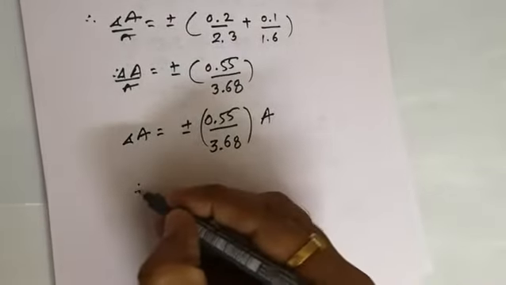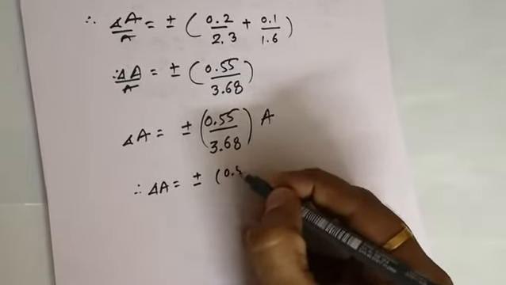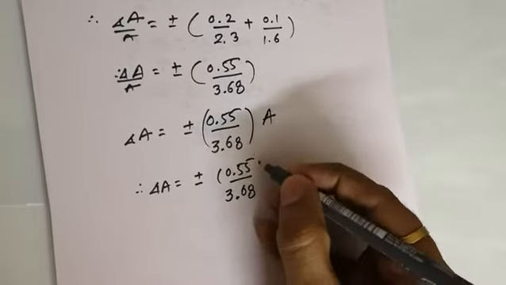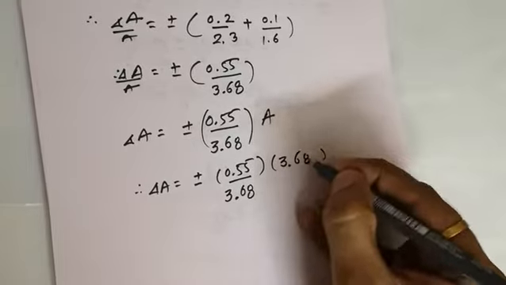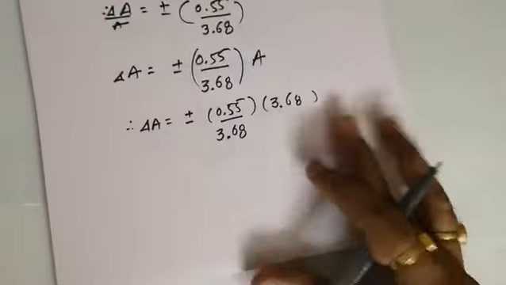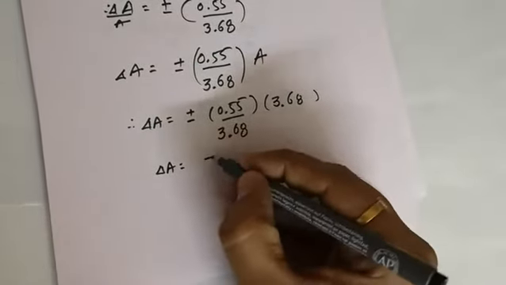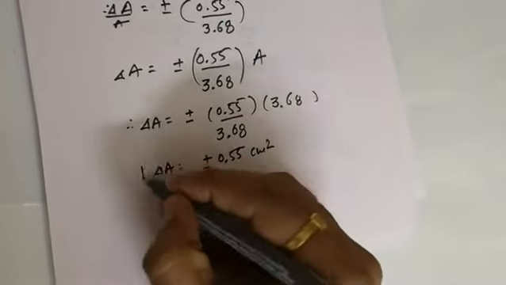So delta A equals plus or minus 0.55 divided by 3.68, again multiplied by A, which is 3.68. You can see over here, I got delta A equals plus or minus 0.55 centimeter square.